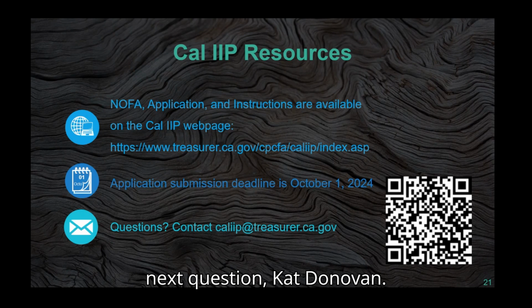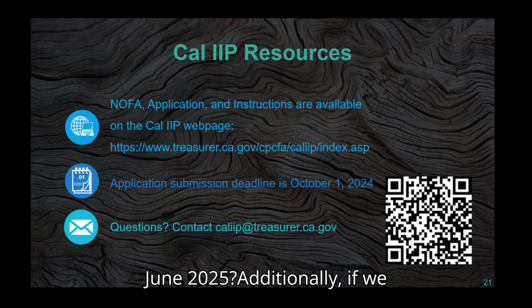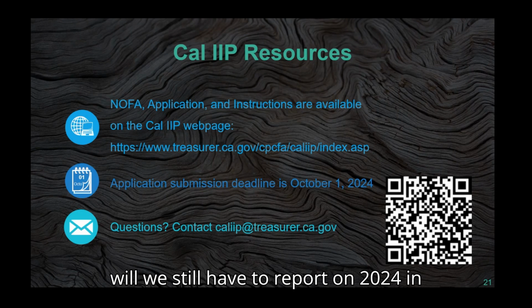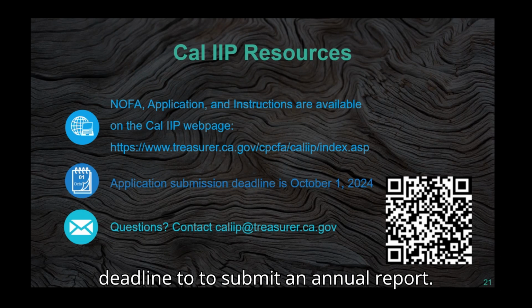The next question, Kat Donovan. If we are awarded in 2025, will we have to report that award in June 2025? Additionally, if we already used our 2024 award, will we still have to report on 2024 in June 2025? So the way that the annual reporting works is that everyone has their own deadline to submit an annual report.